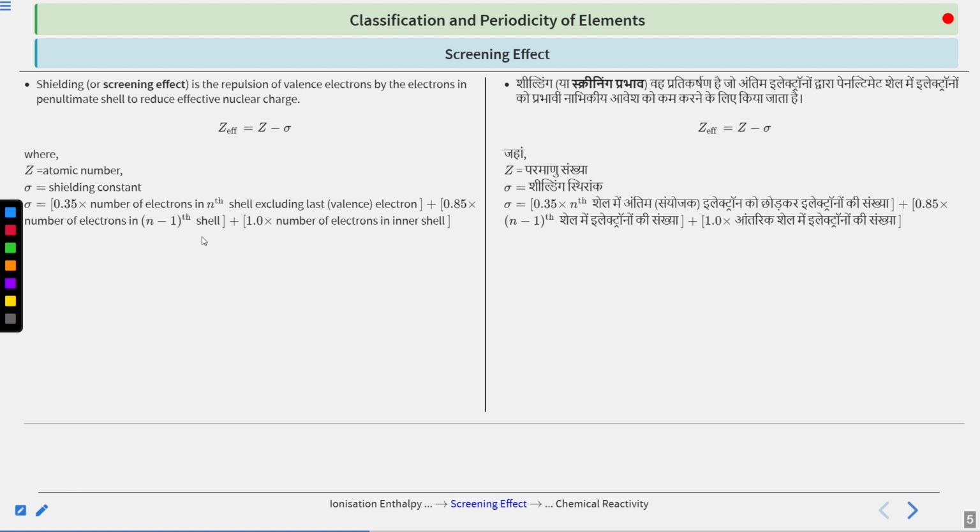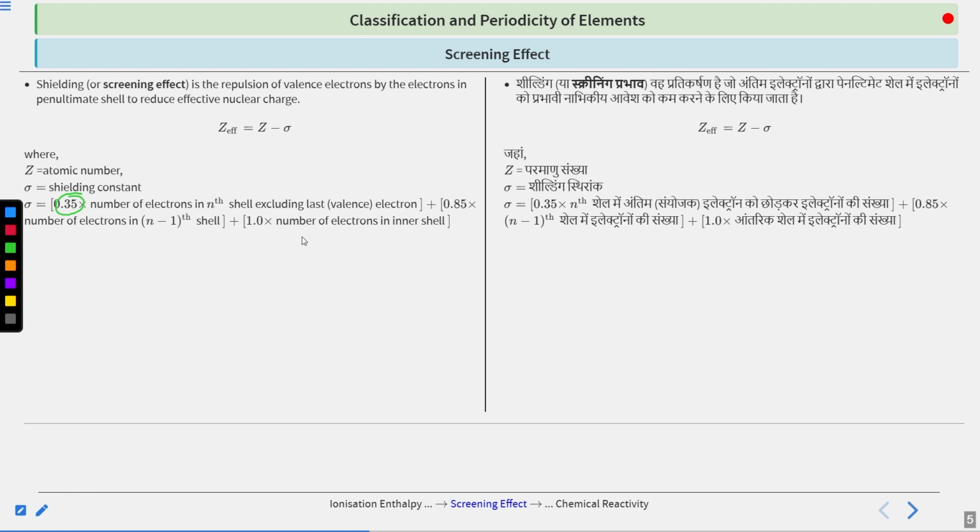Very simple. Suppose we are calculating the Z effective for an electron of the nth shell. Suppose there are 8 electrons in that shell, and you have to remove one electron. Then, except that one electron, you will multiply 7 with 0.35 first of all, plus 0.85 into the electrons in the (n minus 1)th shell.